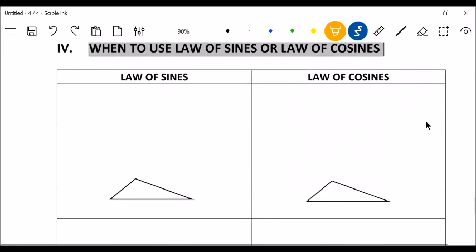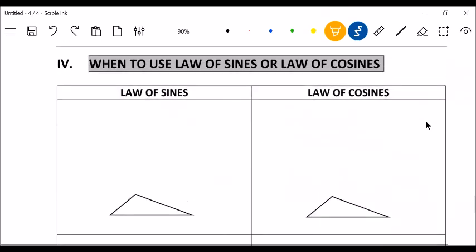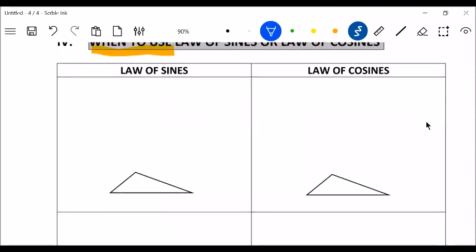So the last page here is sort of a summary of when to use them. Now, for the law of sines, this is when you have two angles and any side.